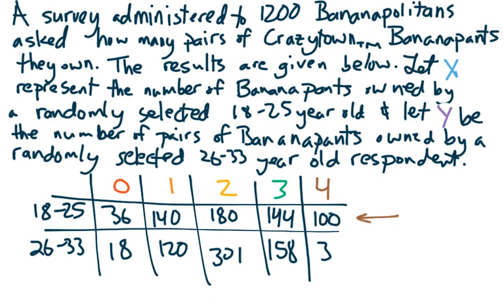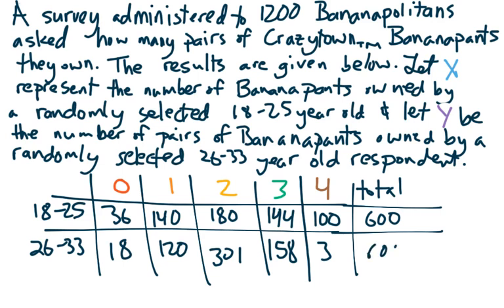What is the probability of one of these people being selected and landing in this category? Well, there's 36 people in this column out of how many people altogether in this row? We need totals. If you add these up, you should find that the total is 600. Try to find the total of the second row. 600. That way it adds up to 1,200. Nice. Great.